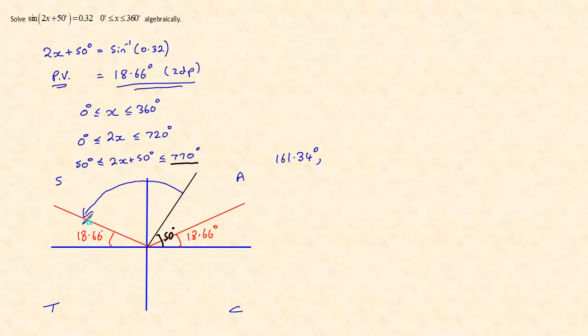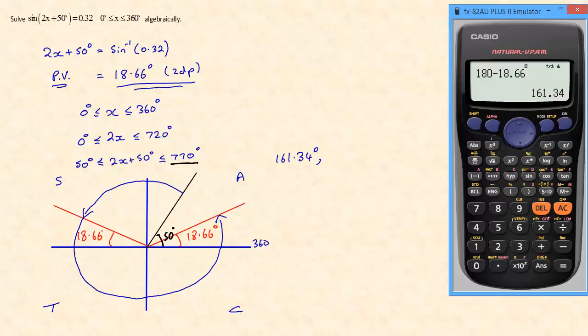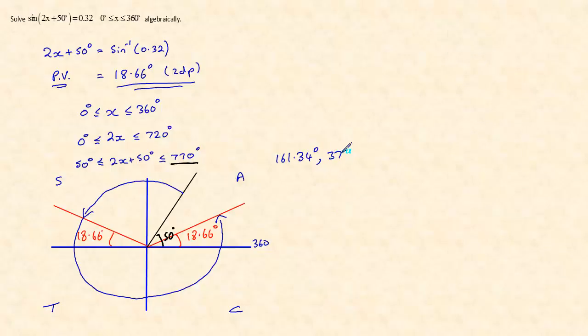Then we keep going. And the next one we pick up is here. Now remember, once we've gone around here once, that's 360. So that one is 360 add 18.66. So 378.66. Then we keep going. We get around to here.